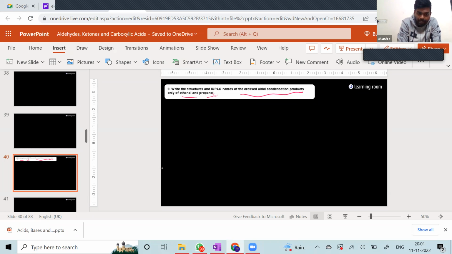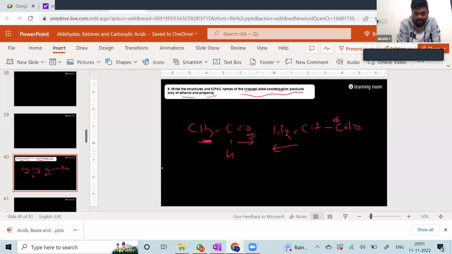Say for example, now they're asking only about cross aldol, but we'll do the self aldol also. We will take ethanal, CH3, C double bond O and H. For the next compound, you protrude the alpha hydrogens towards the oxygen, so you write H2, CH, C double bond O, H, or CHO. Again, I'm repeating: you protrude the oxygen towards one side and 2 of the alpha hydrogens towards the other side.